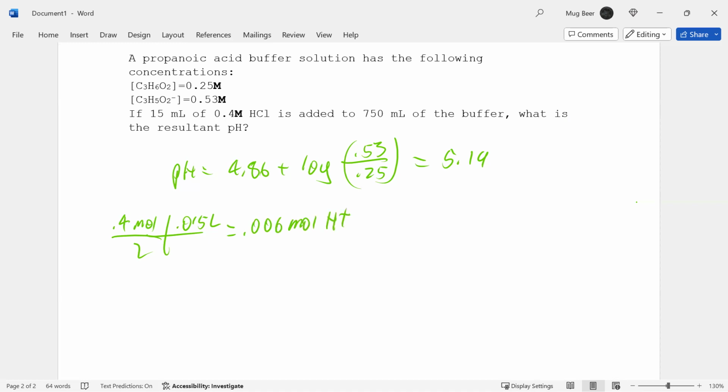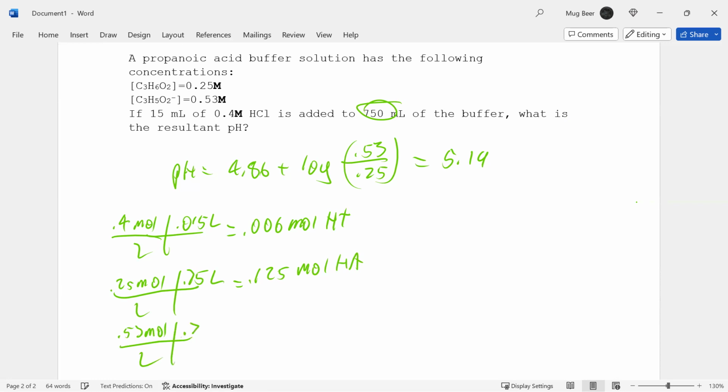And so the concentration of my weak acid is 0.25 moles per liter. And how much do we have? 750 milliliters, or 0.75 liters. So I got 0.125 moles of HA. And so we've got 0.53 moles per liter, and again 0.75 liters.